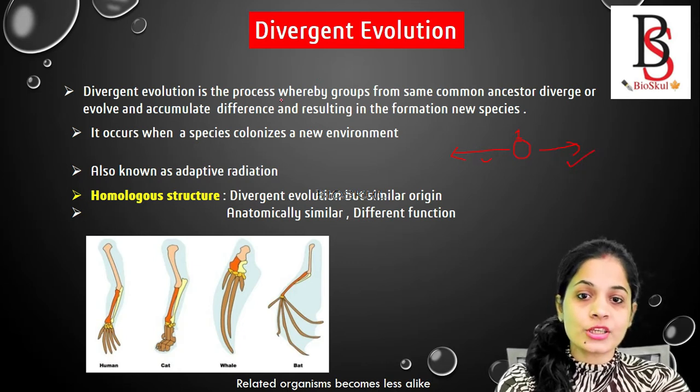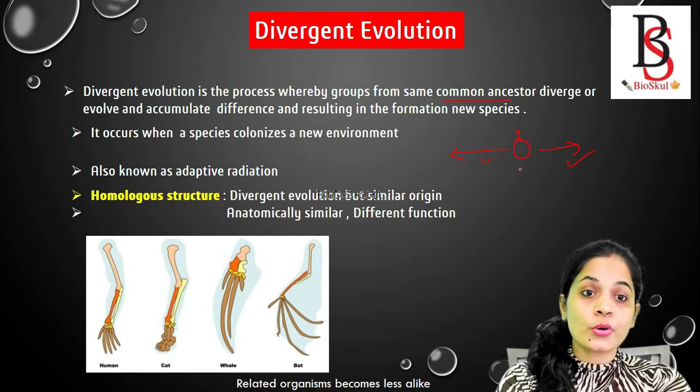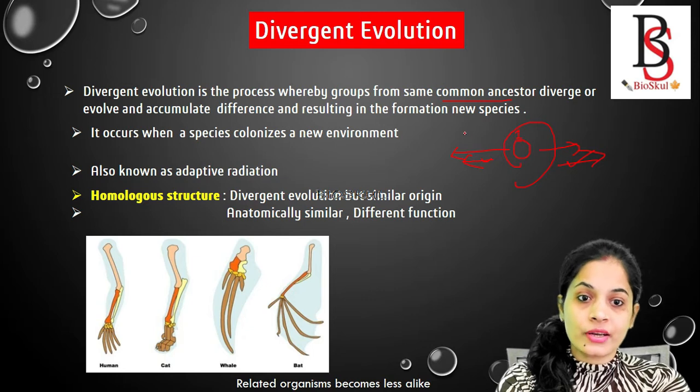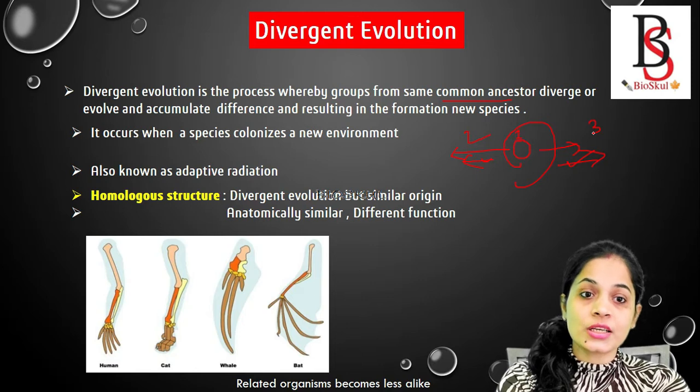That is divergent evolution. It is the process where groups from the same common ancestor diverge or evolve, accumulate differences and result in the formation of new species. That is known as divergent evolution.